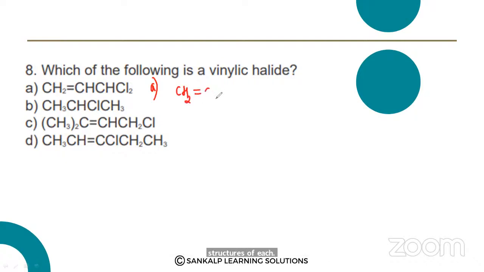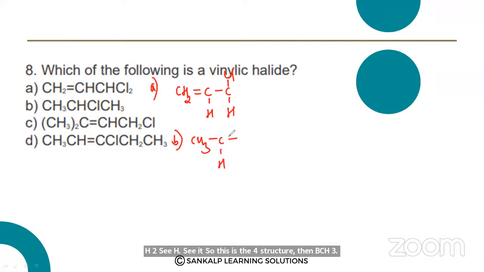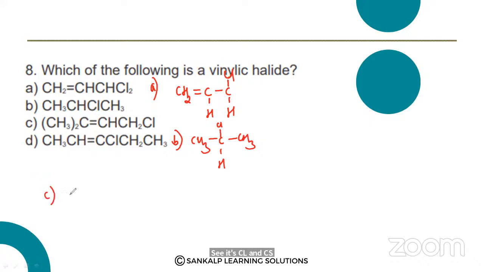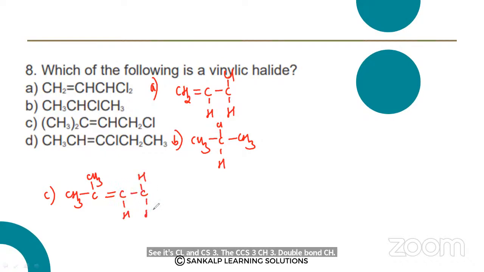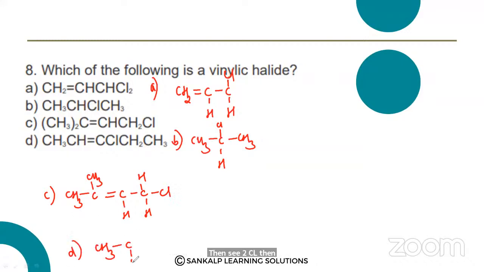A is CH2=CH-CHCl. B is CH3-CHCl-CHCl-CH3. C is CH3-C(CH3)=CH-CH2Cl. D is CH3-CH=C(Cl)-CH2-CH3.